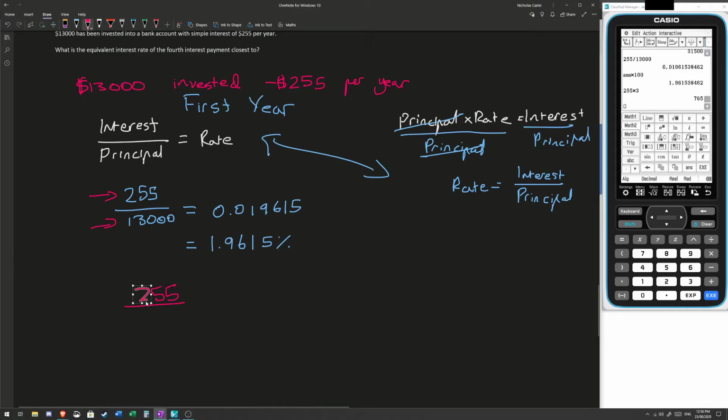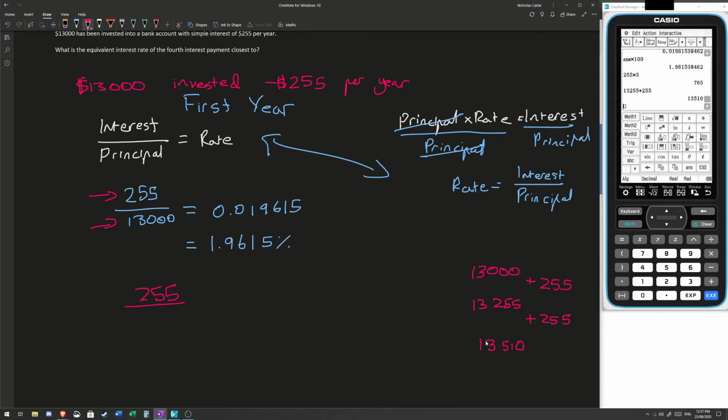So if I draw that out, that's going to be $13,000. We're going to plus 255. That's going to be $13,255. I'm going to add another 255 because the second year. So that's going to be 13,255 plus 255, $13,510.